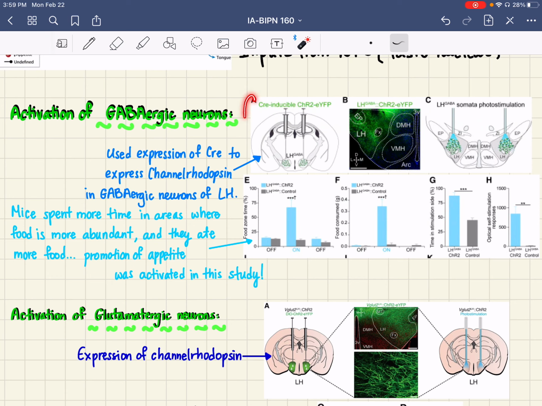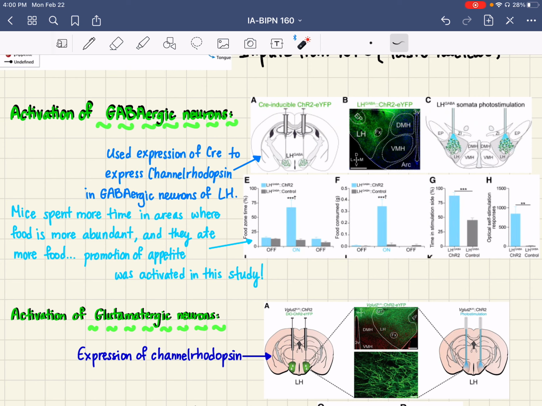Okay, so this picture is just showing that they used channel rhodopsin. They also used YFP to show where channel rhodopsin is located. And then the important results portion of this experiment is located right over here.